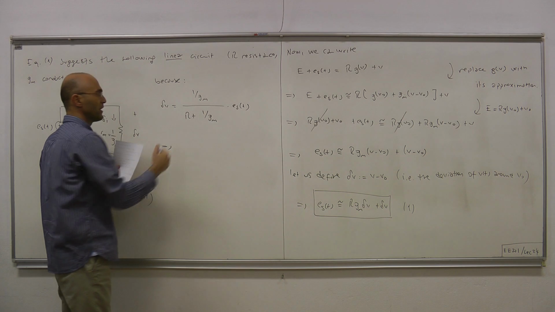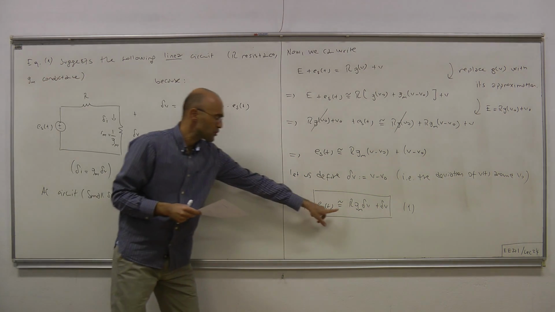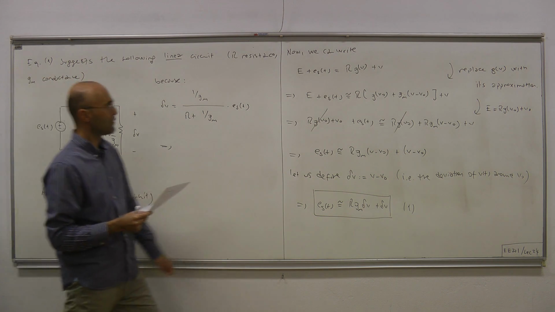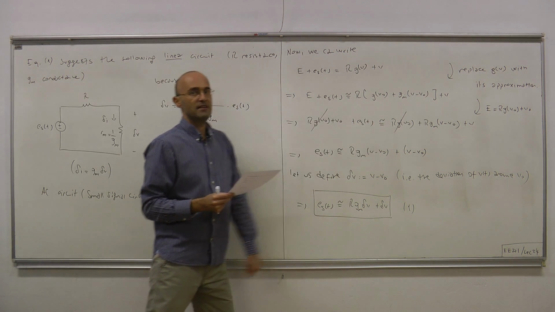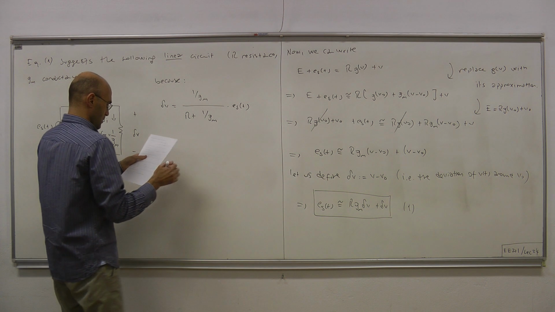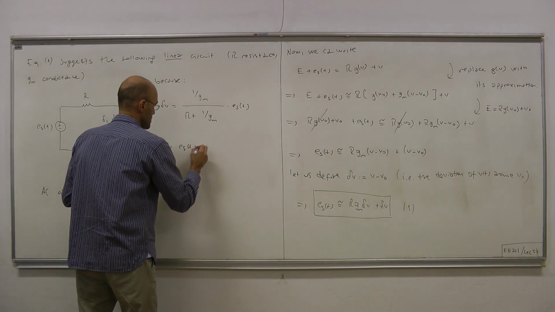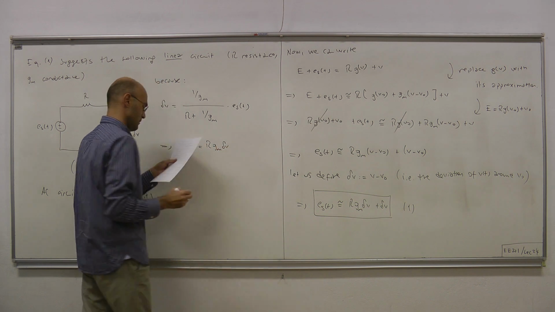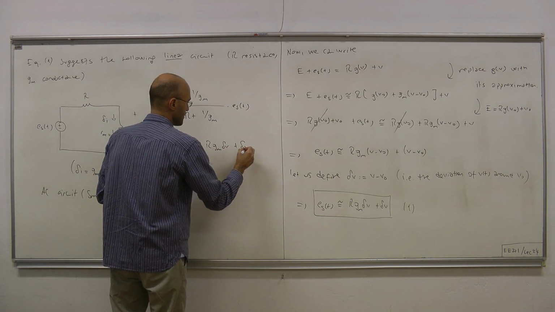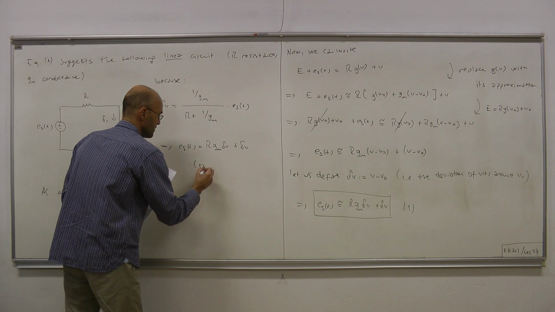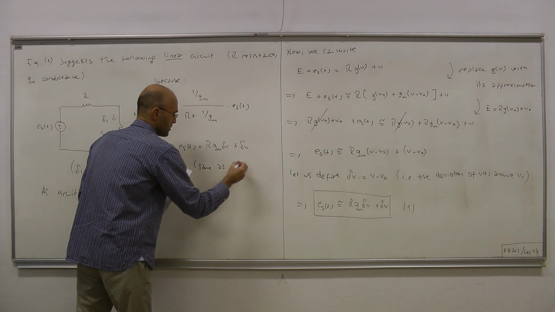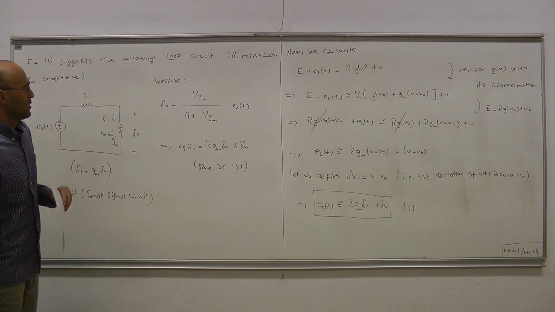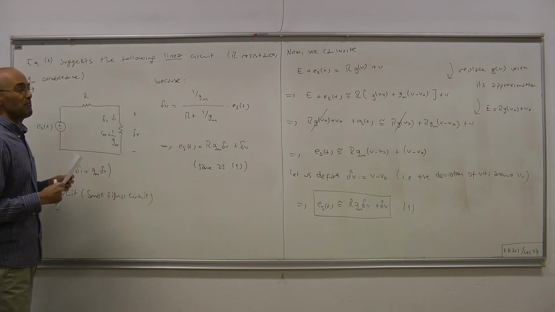If you reorganize that equation, it is no other than the equation that we obtained using the approximation of G at V equals V0: Es of t equals R Gm delta V plus delta V. This is the same as equation 1. So that completes step 2.